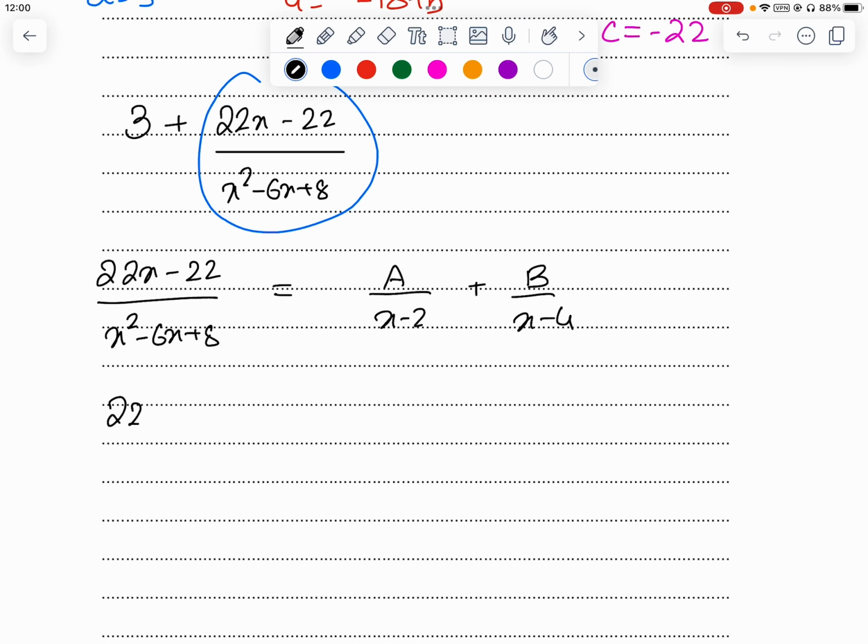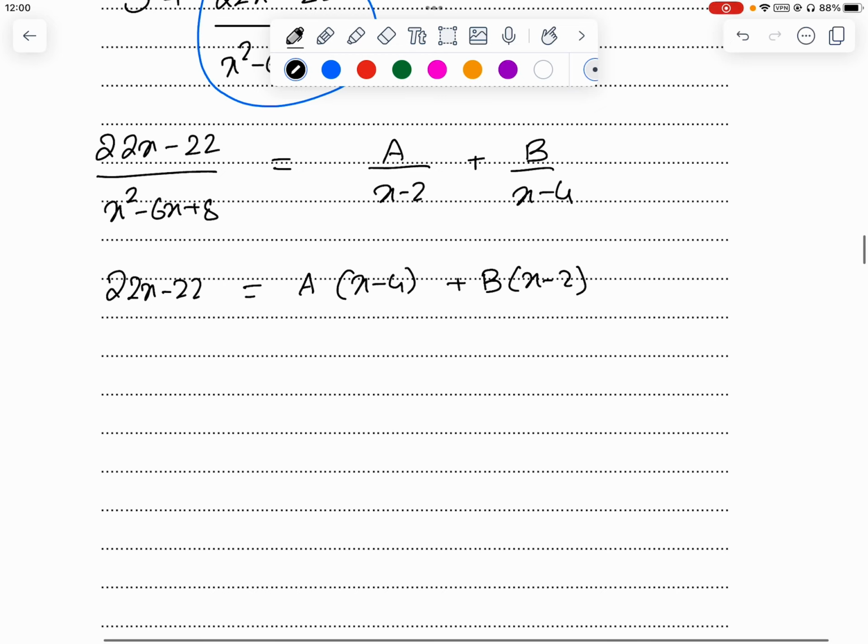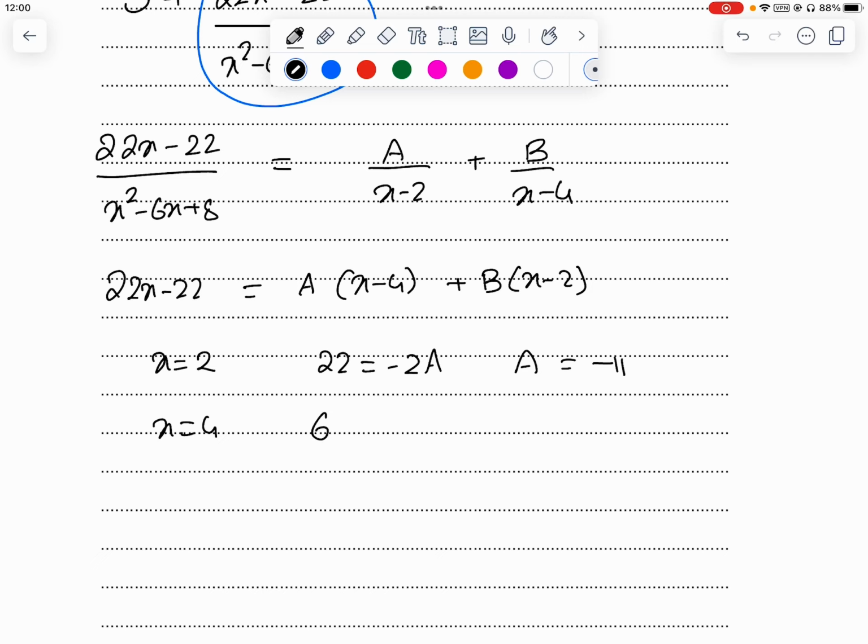So 22x minus 22 equals a times (x minus 4) plus b times (x minus 2). Now x equals 2, so 22 equals negative 2a, implies a equals negative 11, then x equals 4, 66 equals 2b, b equals 33.